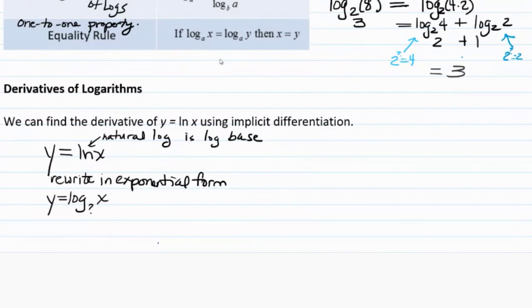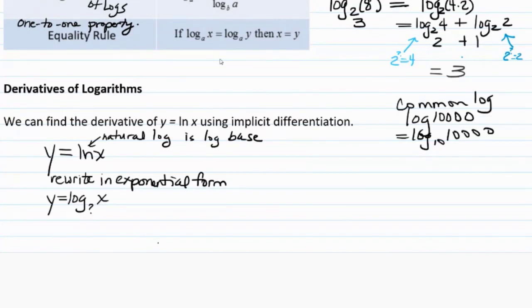That's when you, like, if you have a log of 1,000, that's the same as log base 10 of 1,000. That's the common log, base 10, but I'm talking about the natural log. Very good. E is the base of the natural log. Does anyone know approximately what value E has? The number E? Good. It's about 2.71, 2.72, somewhere in there.